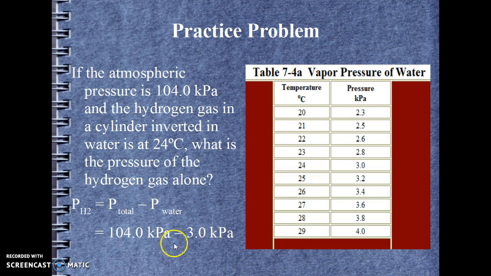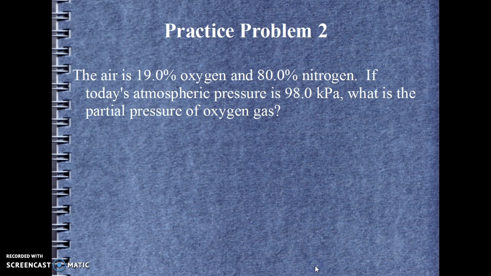So we would subtract the water vapor pressure from the total pressure and get a hydrogen pressure of 101.0 kPa. This was what we would be using in a calculation, because the water, of course, will not act the same way as the hydrogen.